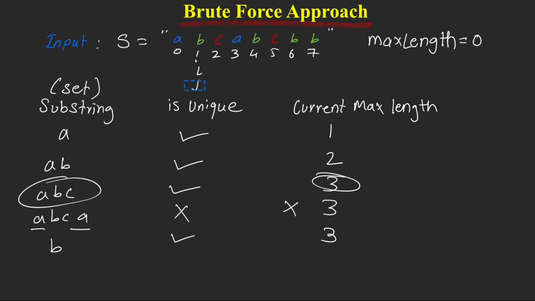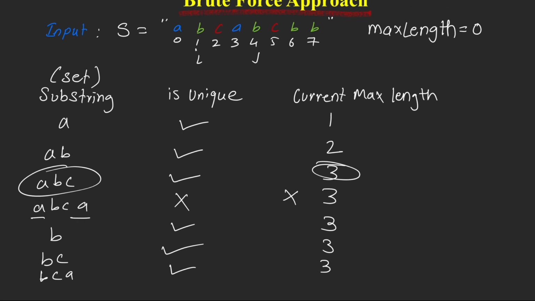Increment J. Is BC unique? Yes. Is 2 greater than 3? No. Increment J. Is BCA unique? Yes. Is 3 greater than 3? No. Increment J. Is BCAB unique? No. Break the inner loop. Likewise, check all the possible substrings and update the max length whenever we find a longer valid substring.